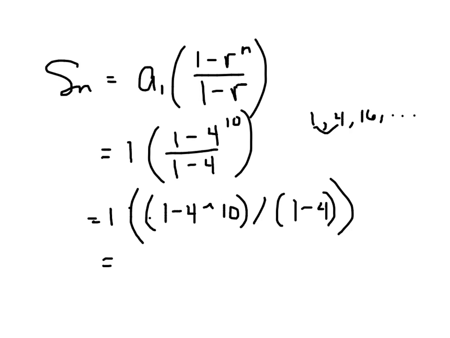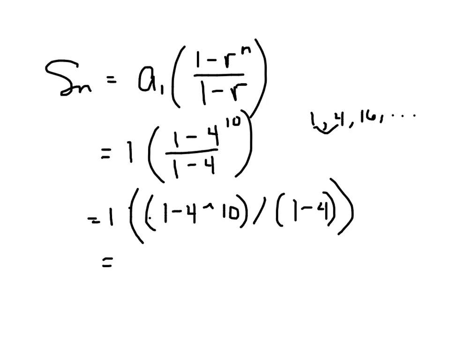And me not having a graphing calculator today kind of stinks because I can't actually give you the answer because I don't know what 4 to the 10th is. That's kind of the main thing for that, is not knowing that one. I can figure this out on my calculator. Okay, 4 to the 10th is 1,048,576.